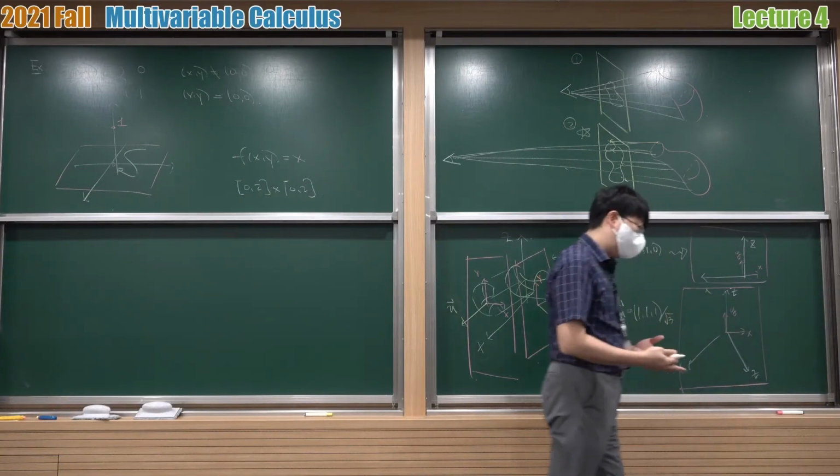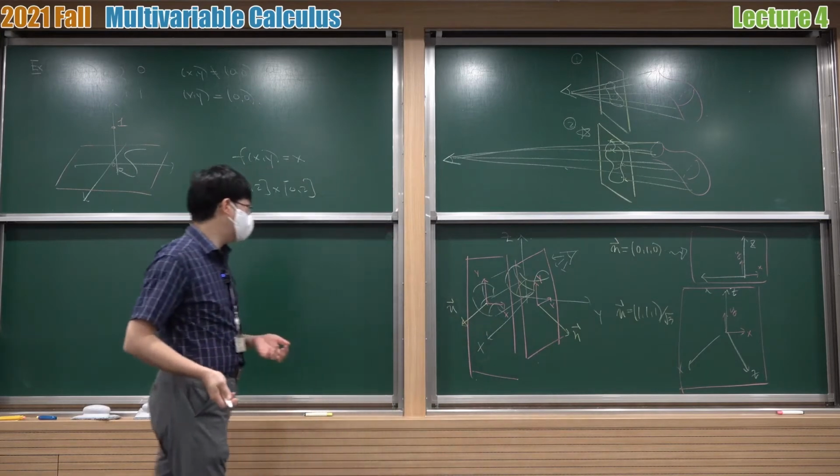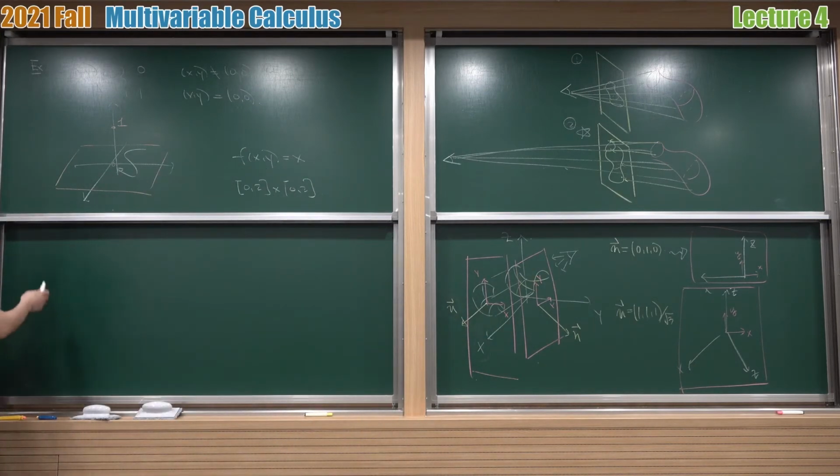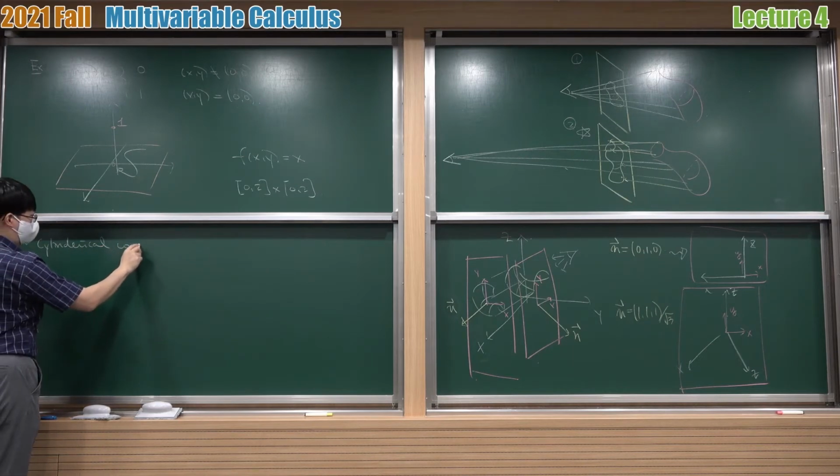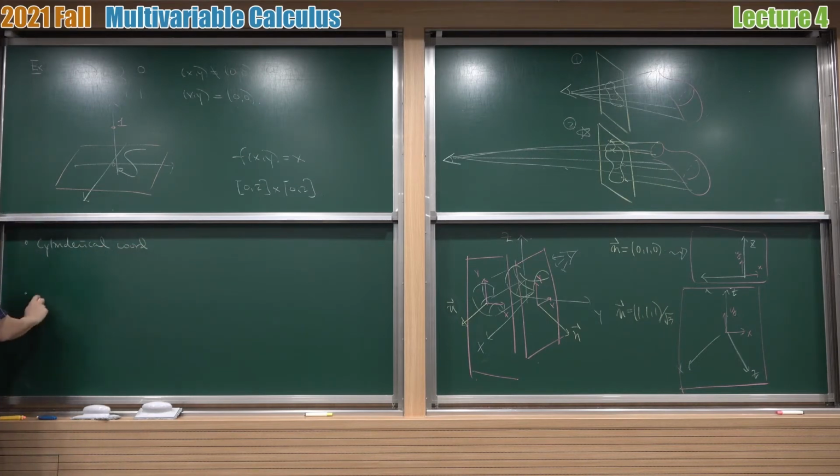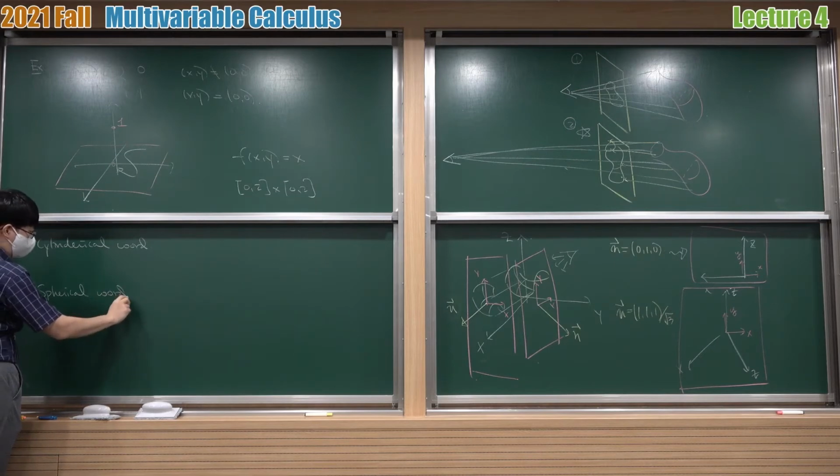We have the XYZ coordinate system called the Cartesian coordinate system. There are two more: the cylindrical coordinate system, and the spherical coordinate system.